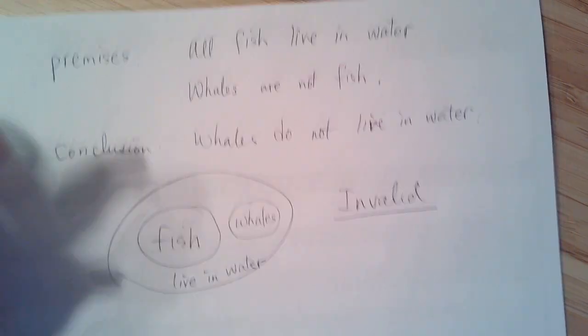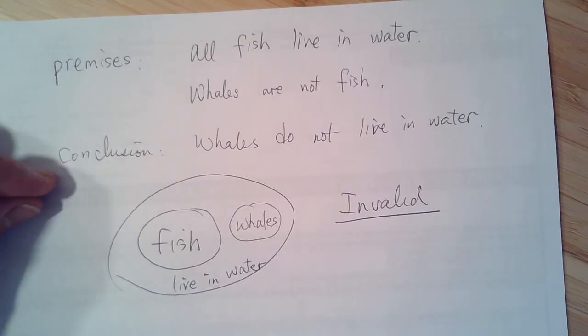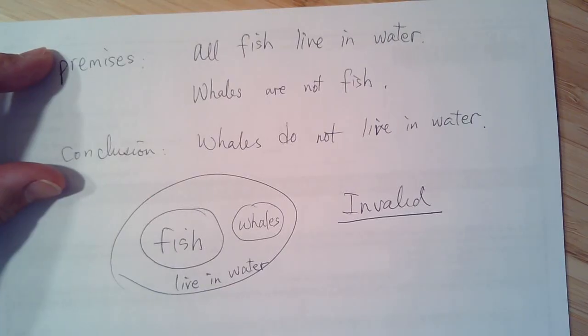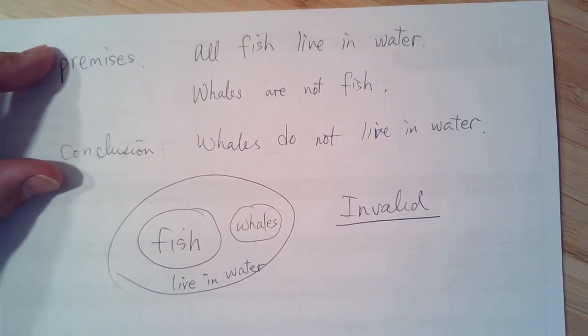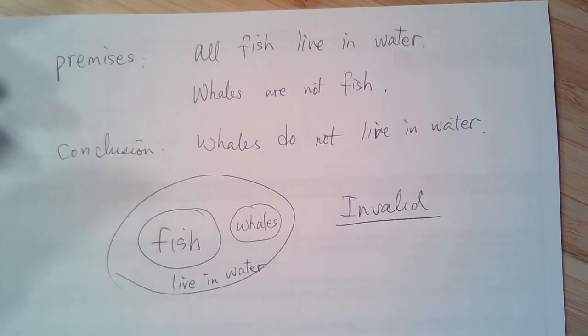Okay. Now next one. Did you notice that when I give you these two premises and then I give you the conclusion, this is a deductive argument? If I ask you whether this is valid or not, you can use a Venn diagram to show that, right? Okay, so now next one.